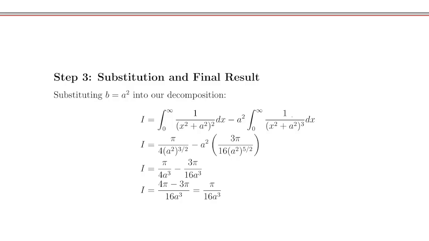We have pi over 4 times a squared raised to the negative 3/2 minus a squared times 3 pi over 16 times a squared raised to the negative 5/2. The square is going to cancel here, so we have pi over 4a cubed. And the square is going to cancel, so we have 3 pi over 16a cubed. We can multiply this by 4 over 4 to get a common denominator. And we end up with pi over 16a cubed as our final answer.